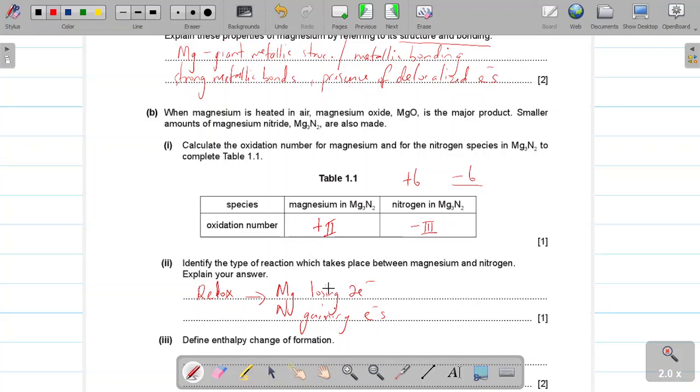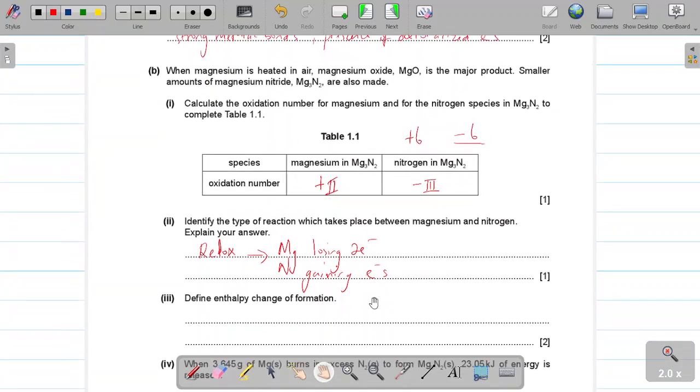We can also answer this question by saying that magnesium is increasing its oxidation number from 0 to +2, and nitrogen is decreasing its oxidation number from 0 to -3. Both of those things would be correct.